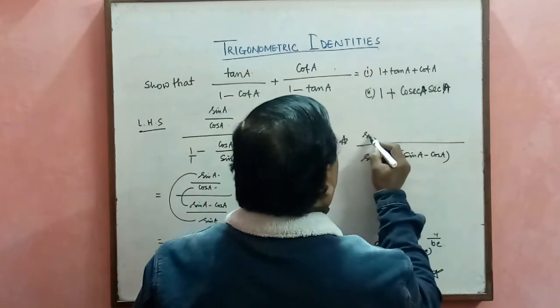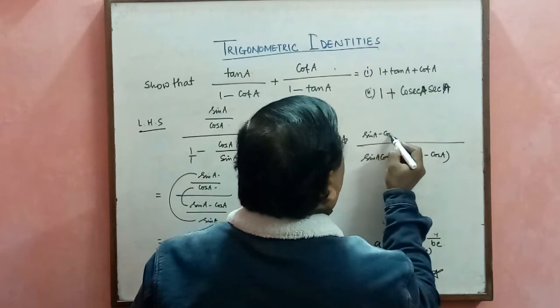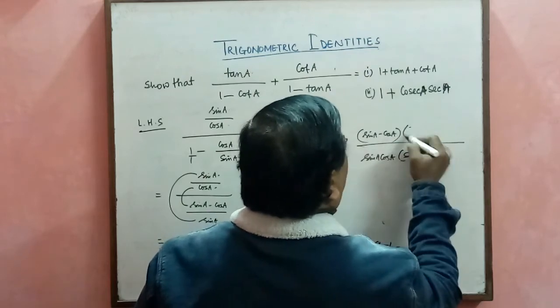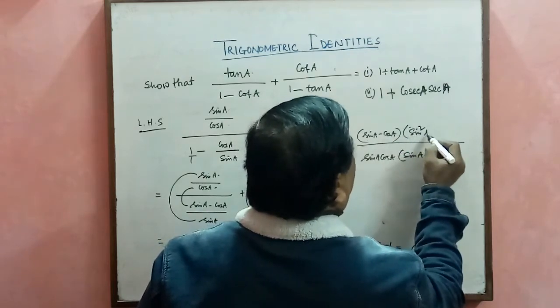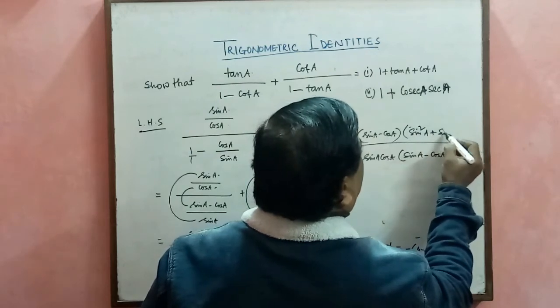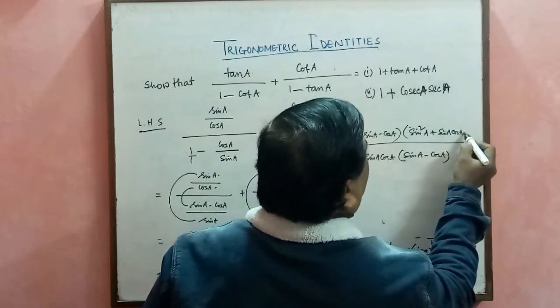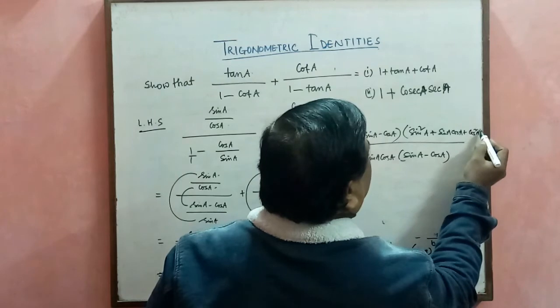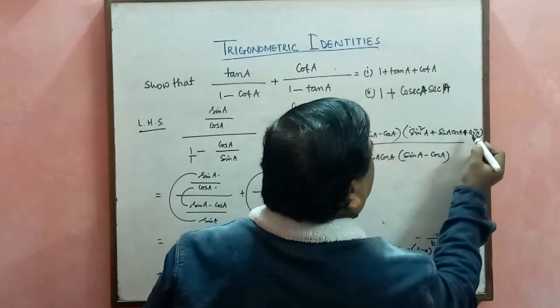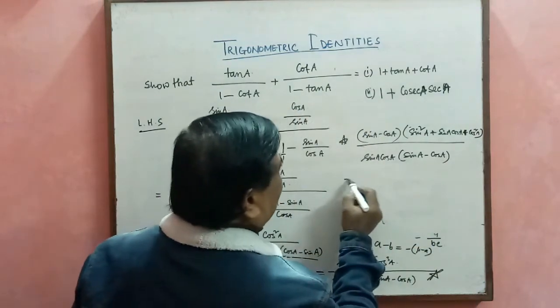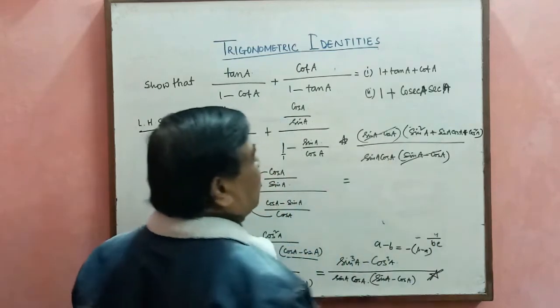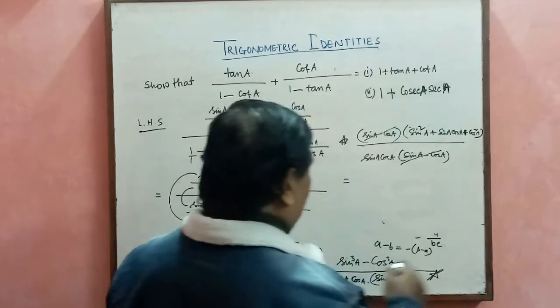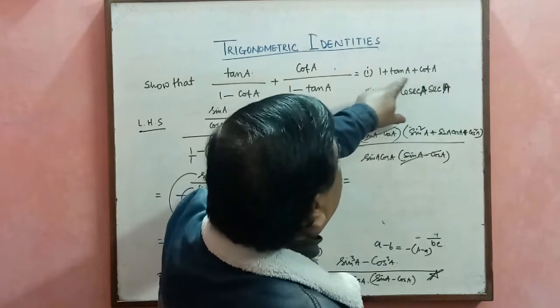This is (sin A minus cos A) into (sin square A plus sin A cos A plus cos square A). So obviously it cancels out.